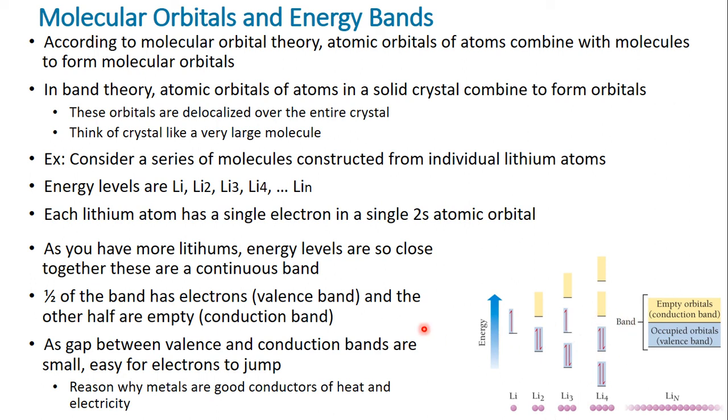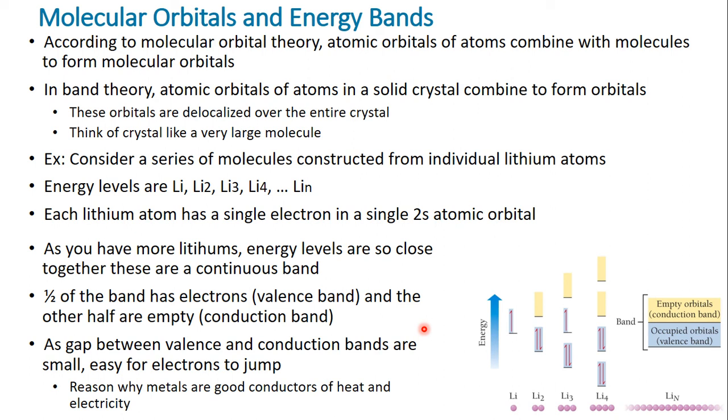And remember, these bands are spread out over the crystal, which means electrons are free to go wherever they want. This means these materials are really good conductors of heat and electricity. Say you have a metal and you put electricity through it. The electrons are free to flow through that material because the energy gaps are very small.